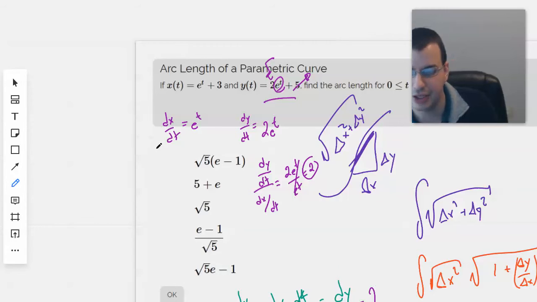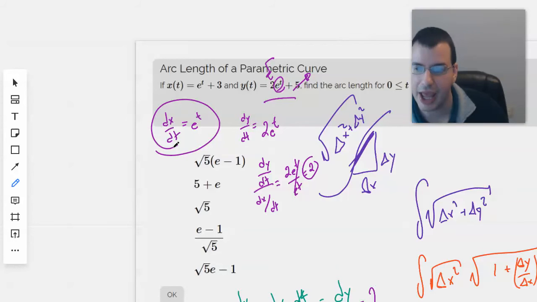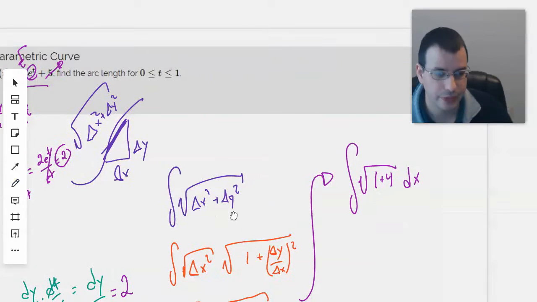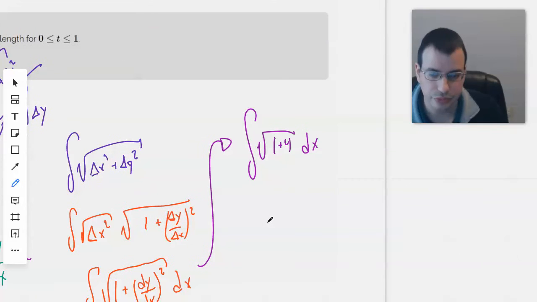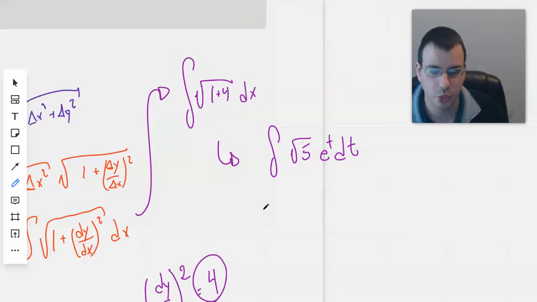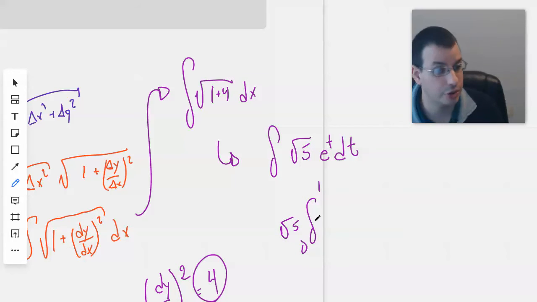We have this over here, and therefore we can say that dx equals e to the t dt. So doing some substitutions, we have the integral of the square root of 5 e to the t dt. Move out the square root of 5. Put in the 0 to 1 that we're integrating from. e to the t dt.